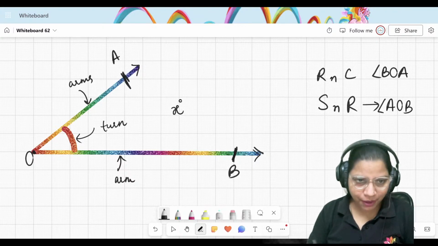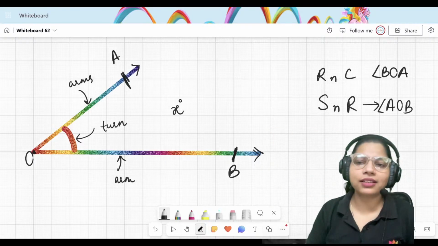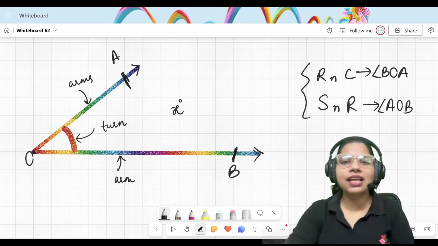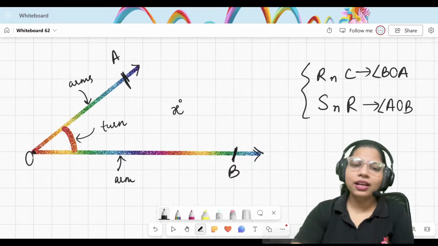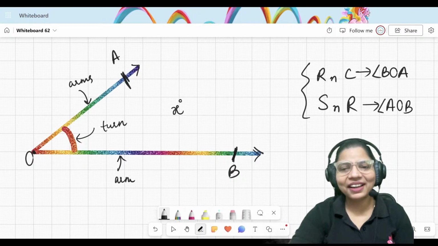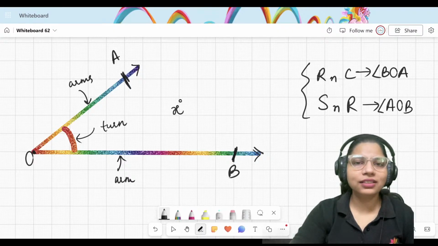If you start from B, run to O and climb, you will burn calories and be fit. So you pick either SNR or RNC, run and climb. That's just the fun part of angles.